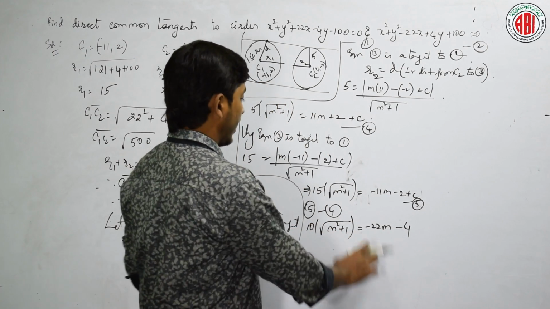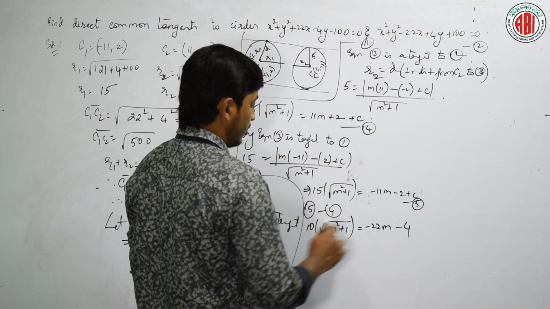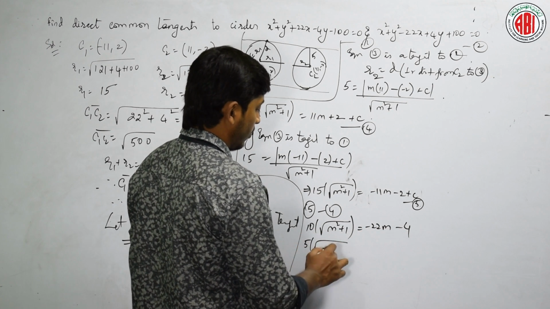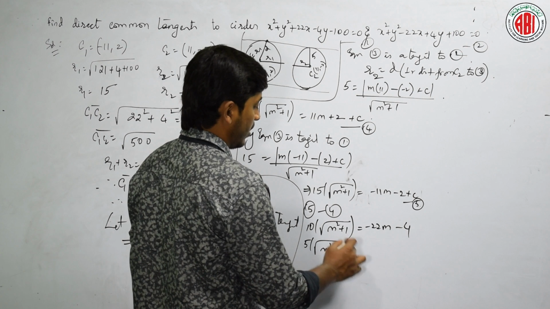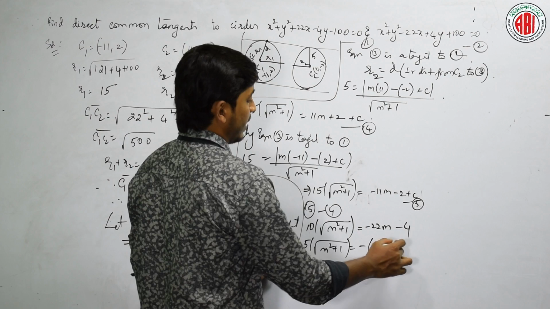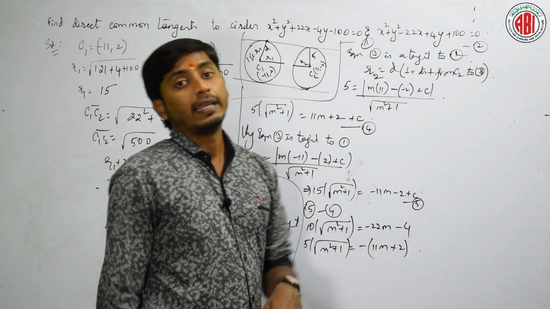Okay. Can I take minus 2 common here? So, I will get 5 into under root m square plus 1, that is equal to, after taking minus, I will get 11m plus 2. Clear?